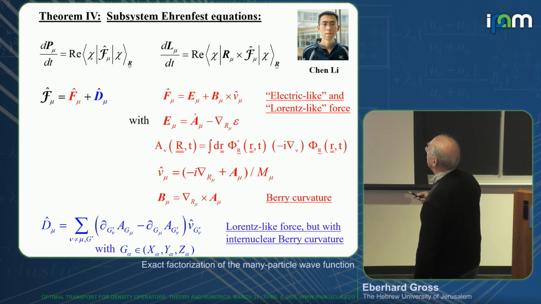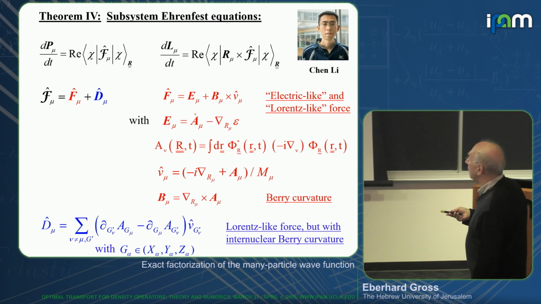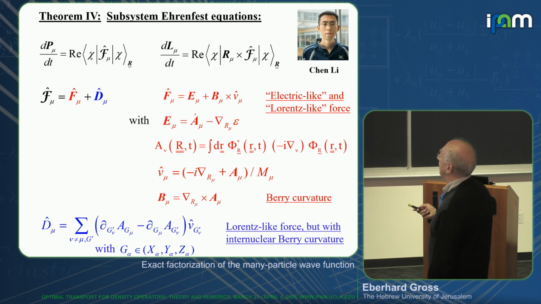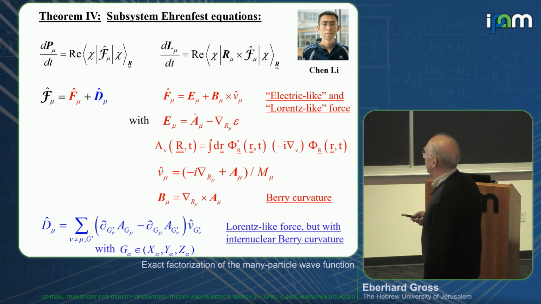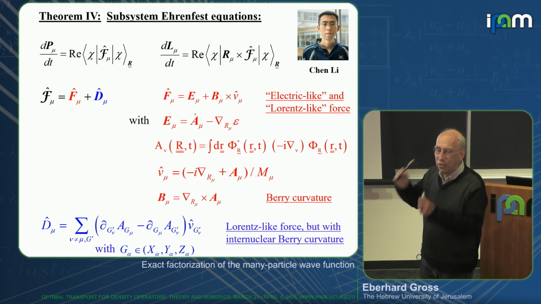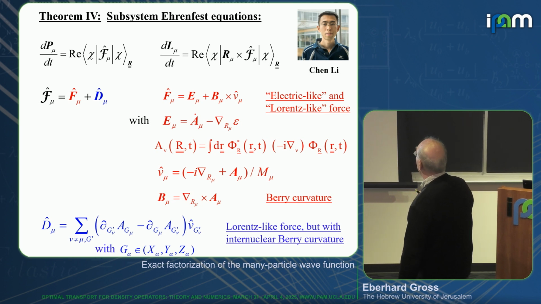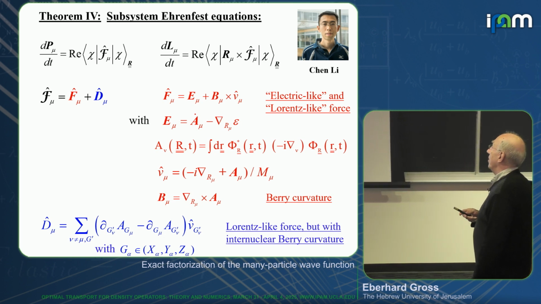And this force operator consists of two parts. A red part, which is electromagnetic-like. So there's something like an electric field, which is A dot minus the gradient of the scalar potential. So that's like in electromagnetism, except that it's not electromagnetic, because this vector potential is a Berry connection.